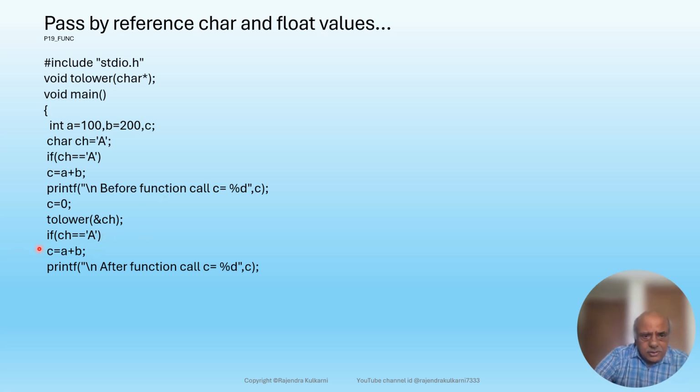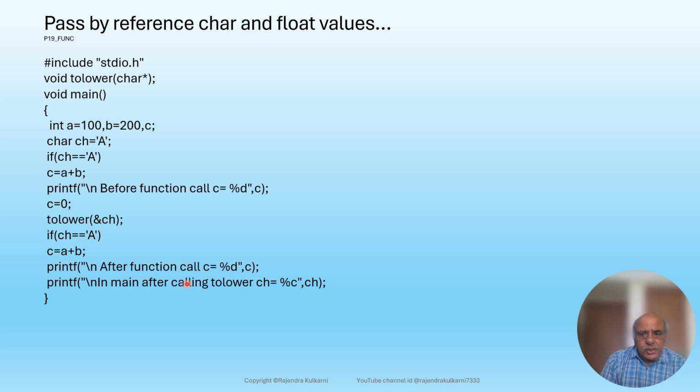The same code, if ch is equal to 'A', c is equal to a plus b, we are repeating here after the call to the function. And this printf statement gives us the value of c after the function has been called.